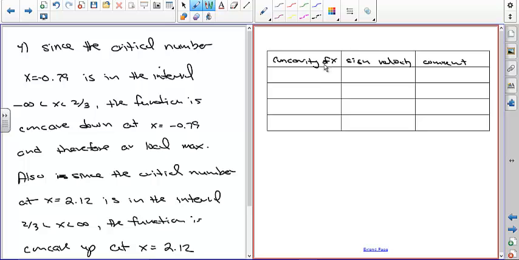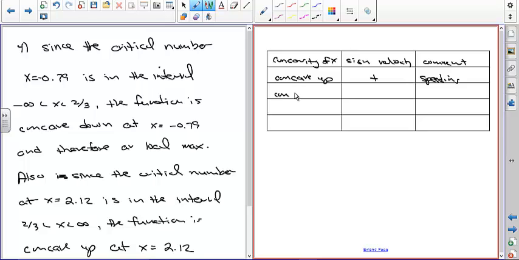Okay, so if the concavity of x is positive, or concave up, and the velocity is positive, then you're speeding up. You're getting faster if you had your speedometer.